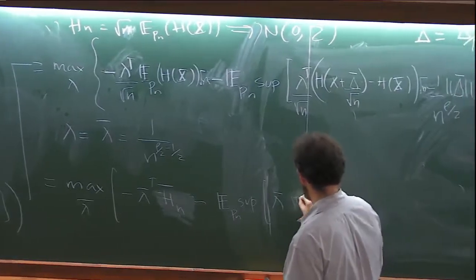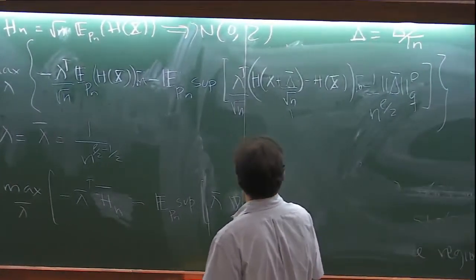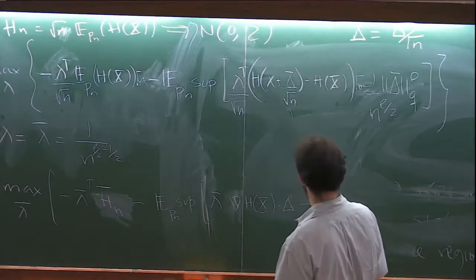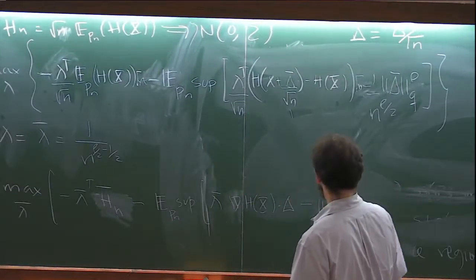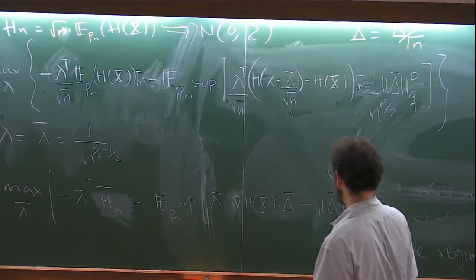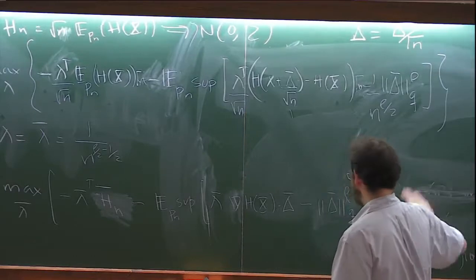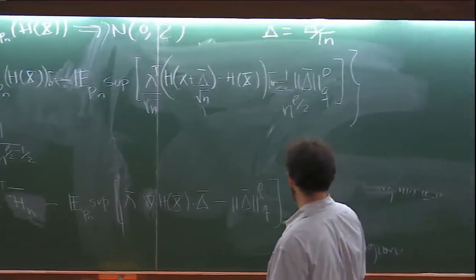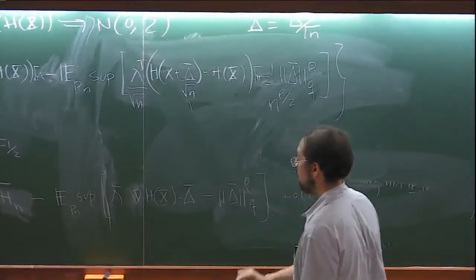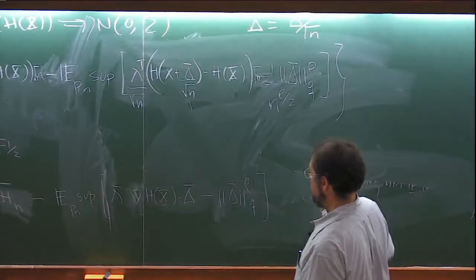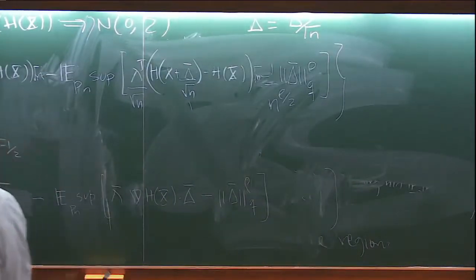I'm going to write gradient of h of x times delta minus norm of delta rho q. And I have already introduced here an approximation, which is little o of 1, right here. I should also be extracting out the fact that, yes, I'm going to put it here.